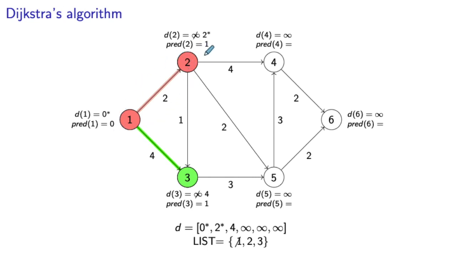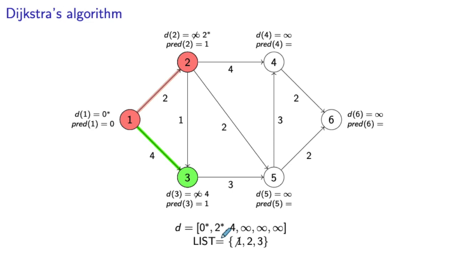And by the way, why can we claim that this distance label is going to be optimal for node 2? It is because the only way I can improve this distance label is by updating it by exploring some other node. But because all other nodes that have not yet been explored have higher labels, there is no way I'm going to make this label smaller unless I had negative arc weights.